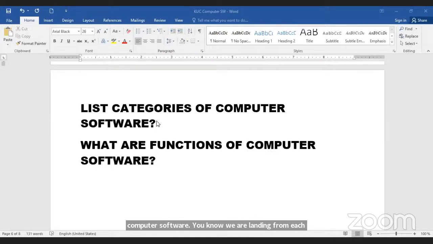If you are just sitting there, I hear the lesson is over and you have written nothing. So another question. List categories of computer software and what are the functions of computer software. I like students learning from each other.